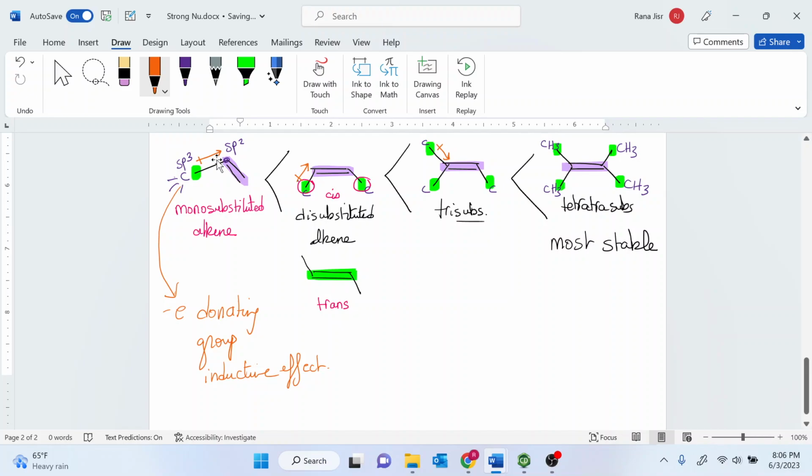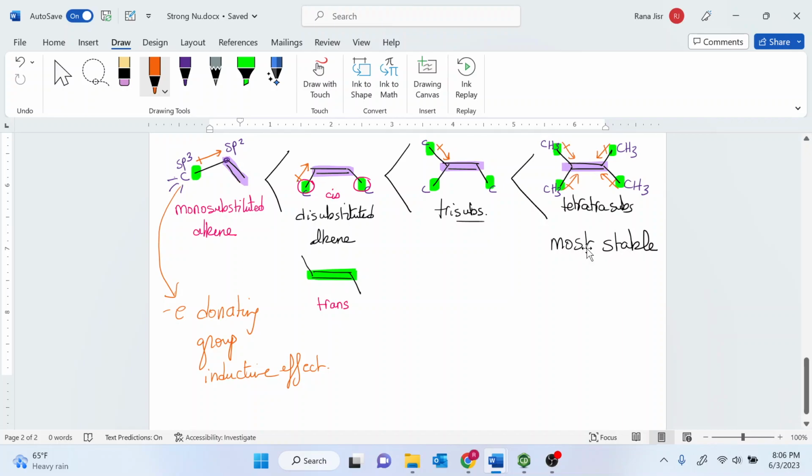The more electron donating groups, the better in this case. This is why here we have 4 electron donating groups giving electrons to the double bond, which makes this structure more stable. And the more stable the structure is, the higher the percentage it exists.